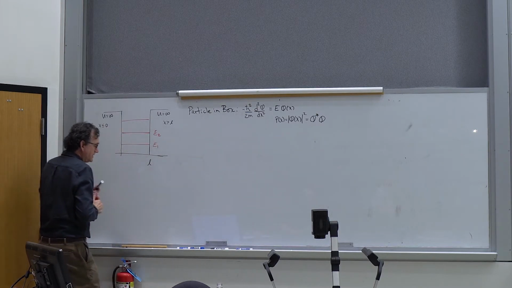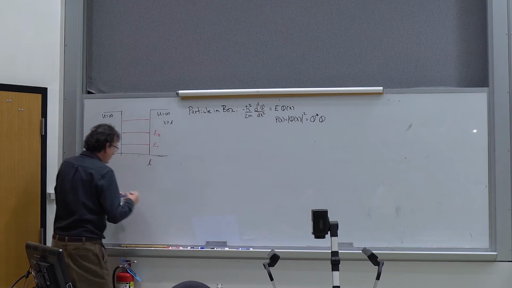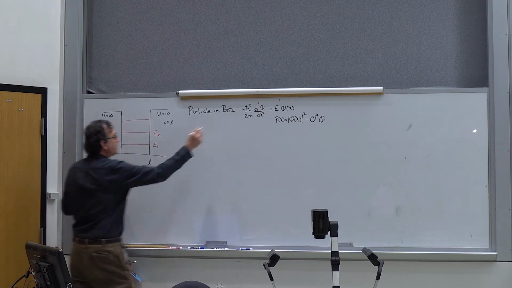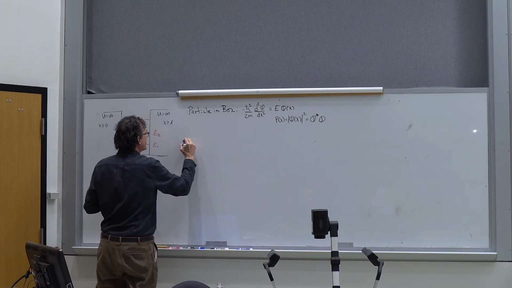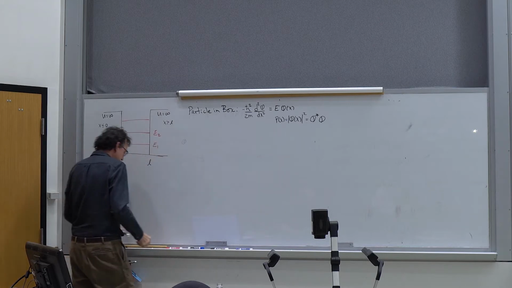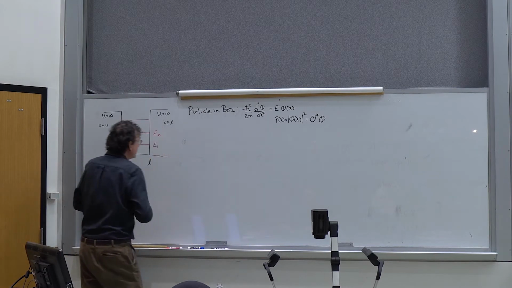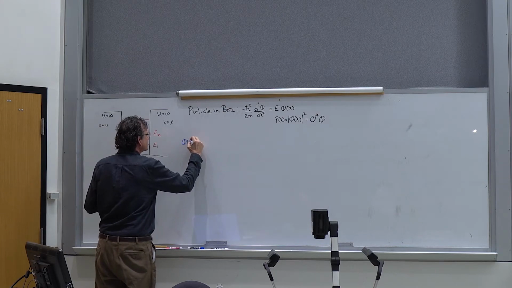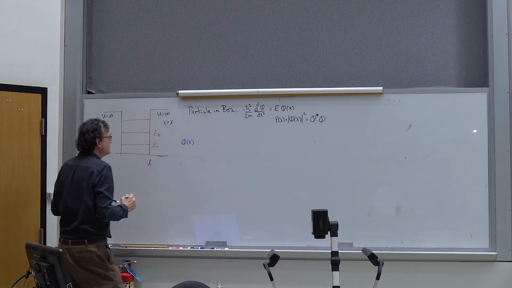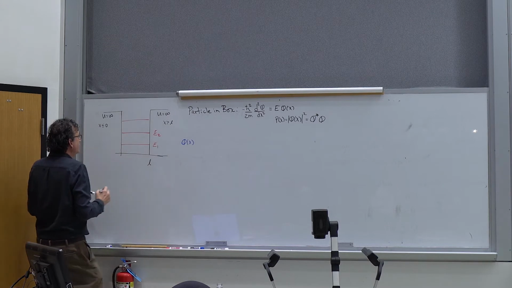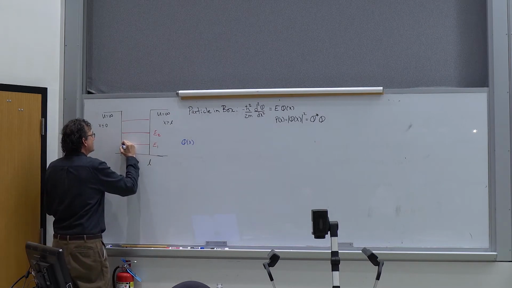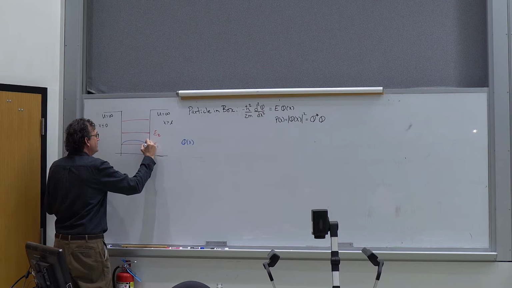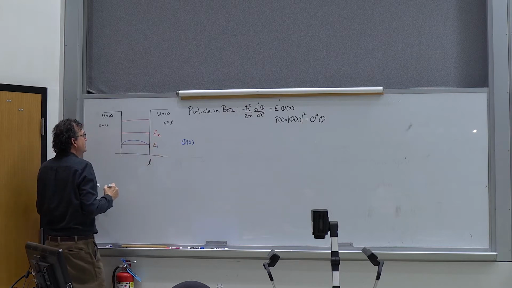So in other words, if I'm to draw what the solutions phi of x are, so phi of x is the wave function, then we had solutions that look like the half integer of a wavelength.